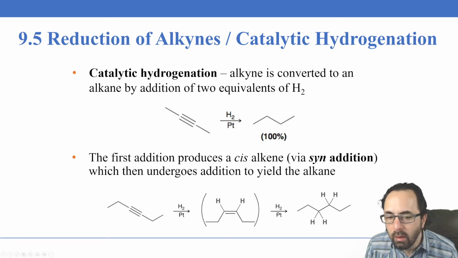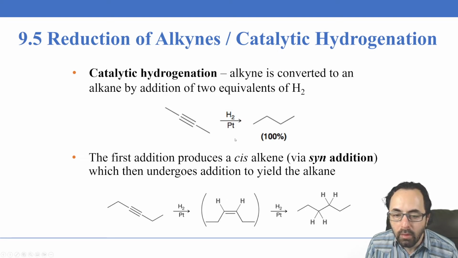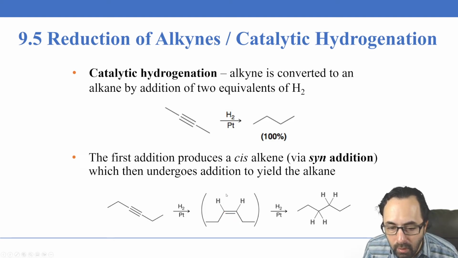When it comes to the addition, remember that this occurs when we're doing catalytic hydrogenation on a metal surface like platinum. This involves a cis addition, syn addition of the hydrogen, which will produce, with the first equivalent of hydrogen, a cis alkene.